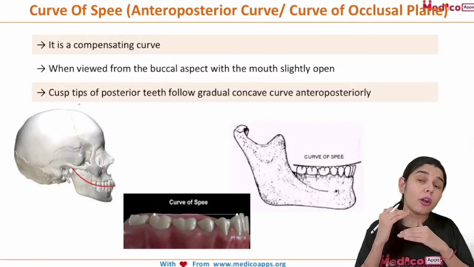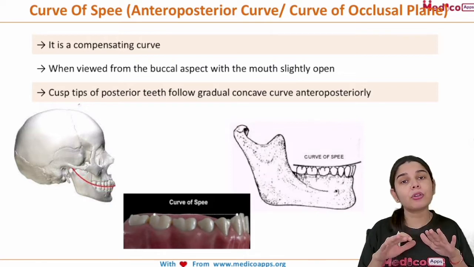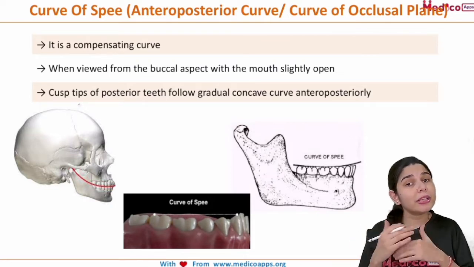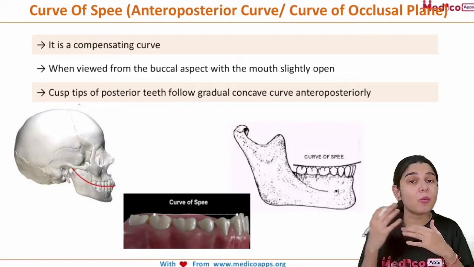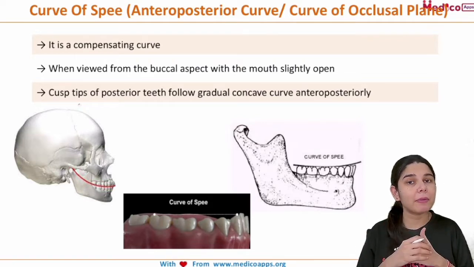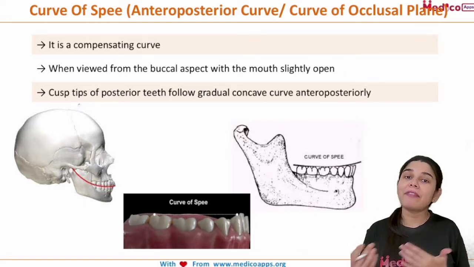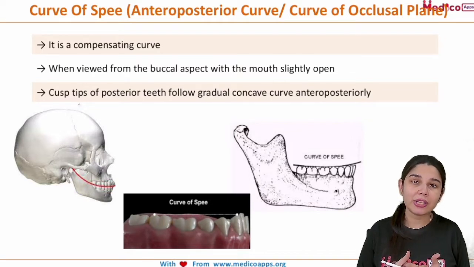Balanced occlusion is when the teeth are in proper occlusion. So all these curves play a major vital role when we discuss balanced occlusion. So let's see what exactly the curve of Spee is and why we call it a compensatory curve.